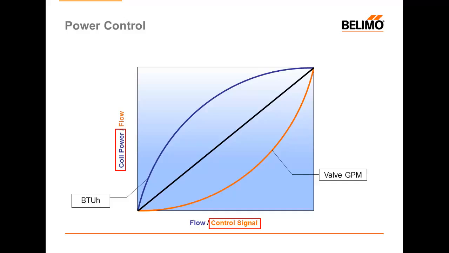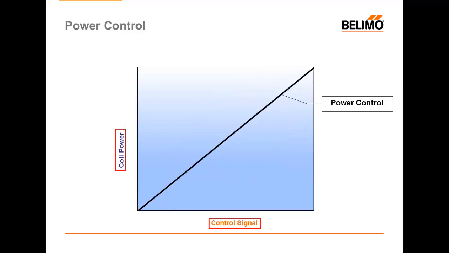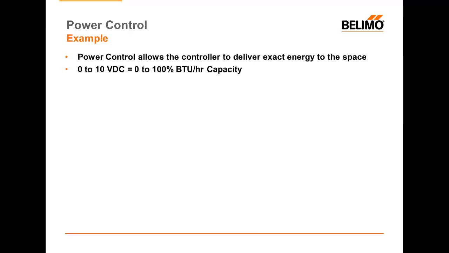What's beautiful about this is that this black line here is power control. I indeed no longer care about the characteristic of my valve or my coil. Power control essentially makes the valve and the coil into a single piece of equipment that we control directly from measured values.